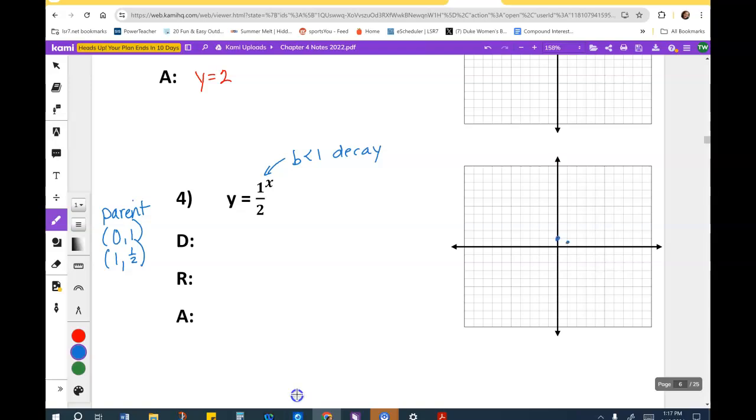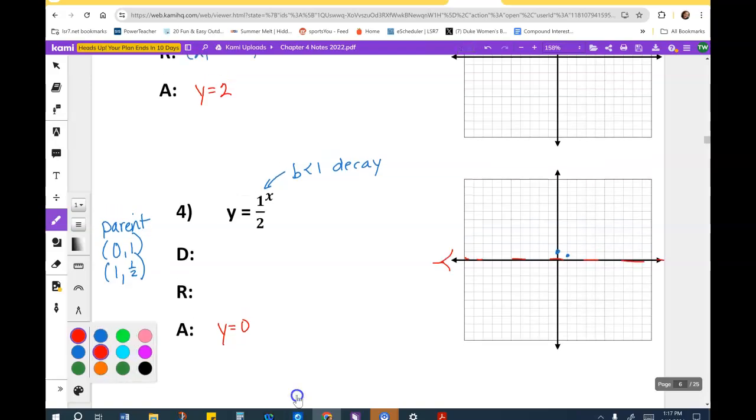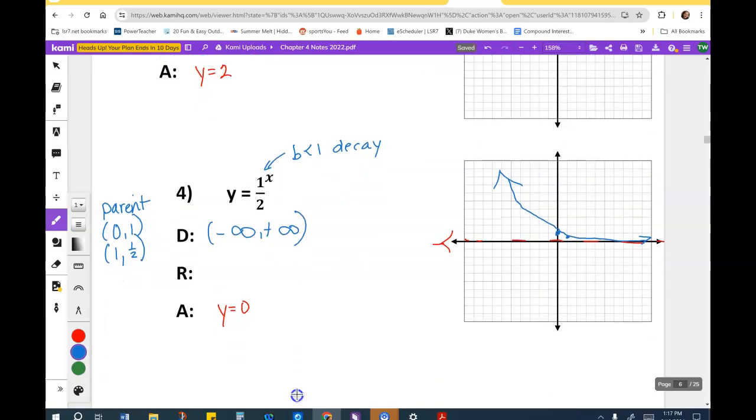Notice it's coming back the other direction. I don't have a k, so my asymptote is y equals 0, so I'm back here. Okay, so this time it's coming down this way back towards the asymptote, this direction. Okay, my domain still is always going to be negative to positive infinity. And my range is based on my asymptote, which is from 0 to infinity.